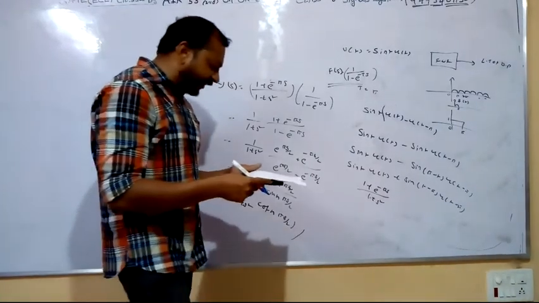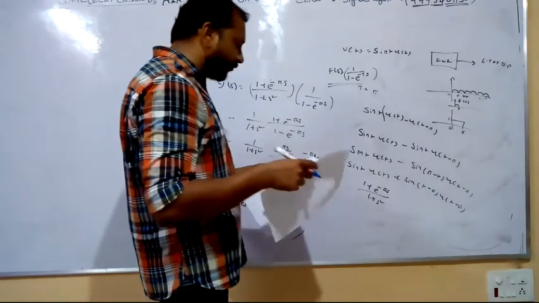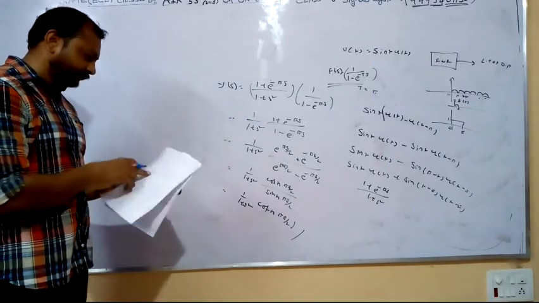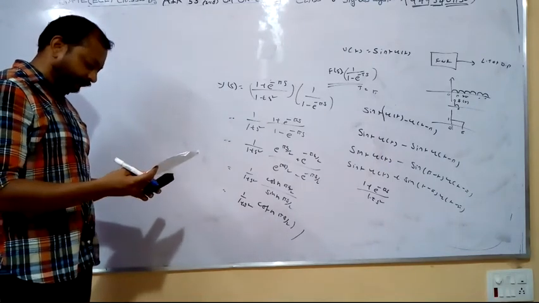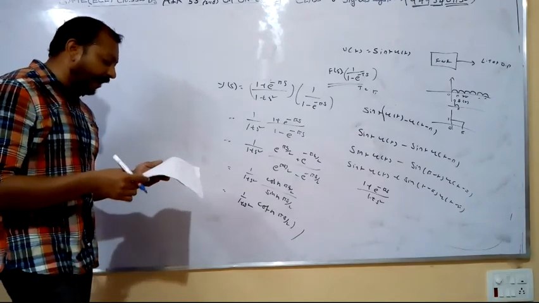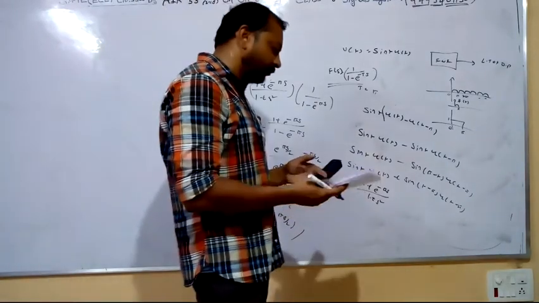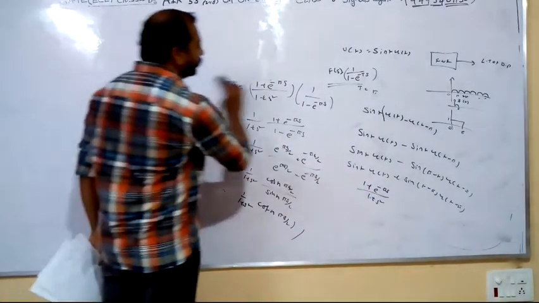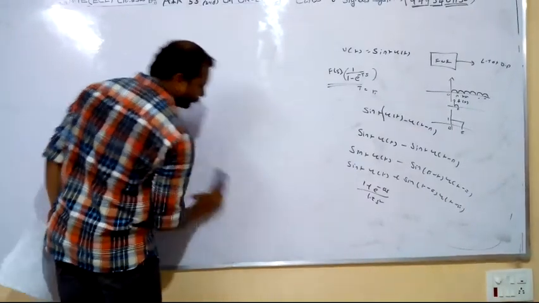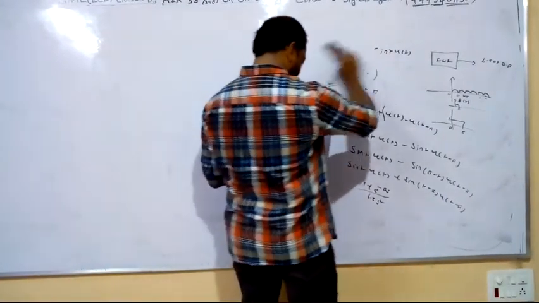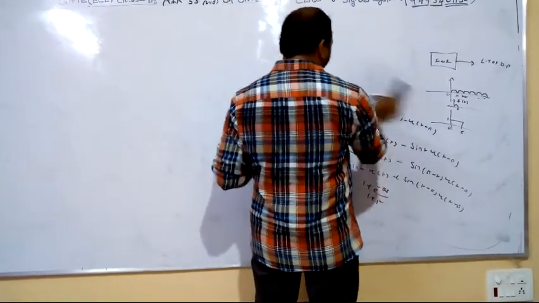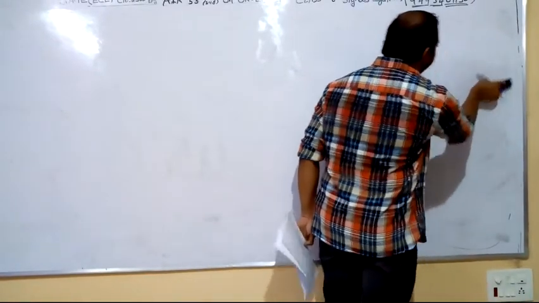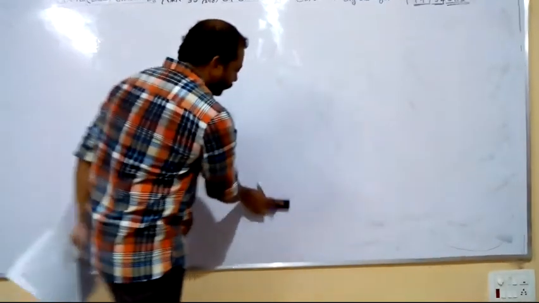Then next one. F of t is real and even, and having one pole at s equal to 5 plus 2j, and some zeros at origin.